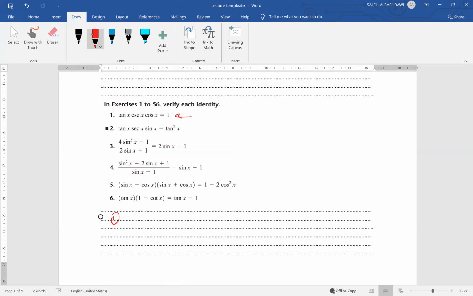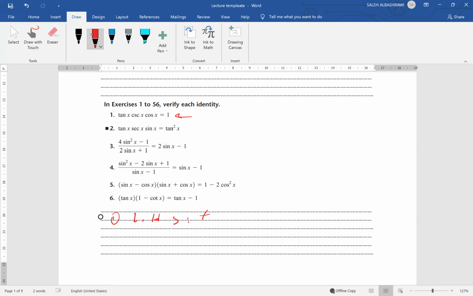Let's speak about the exercise number 1. So I will take the left-hand side because it is more complicated than the other side. The left-hand side, this is LHS, means left-hand side.